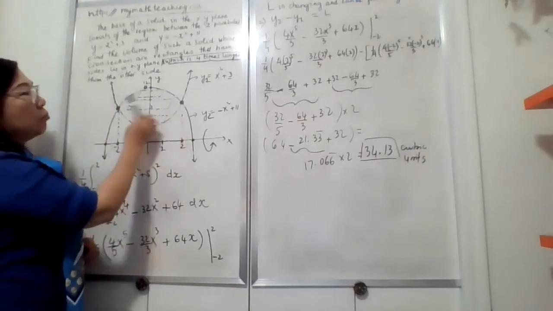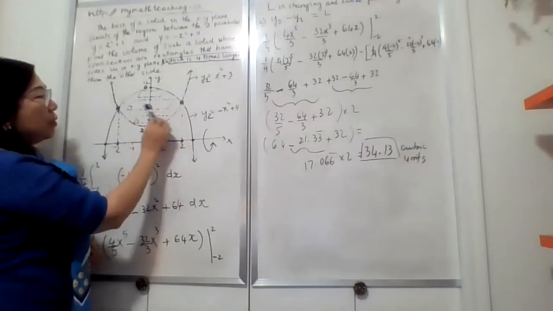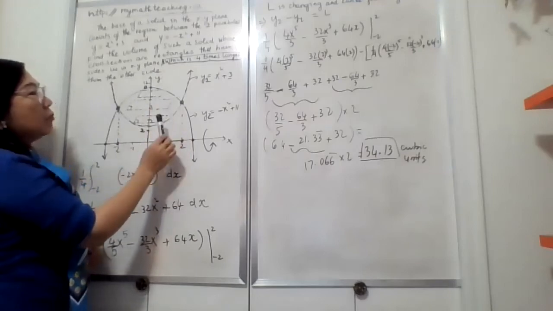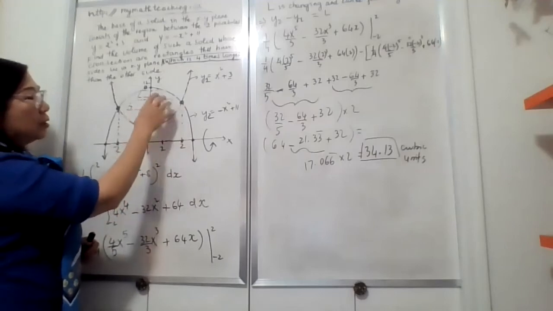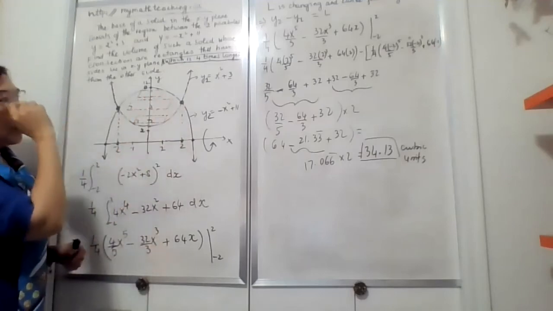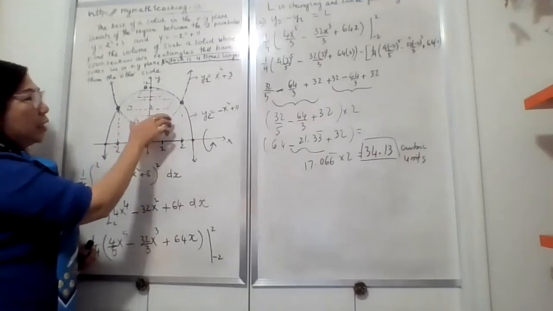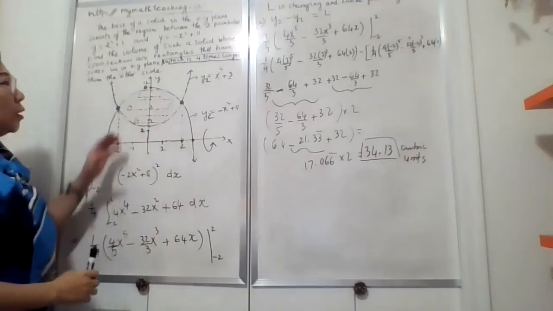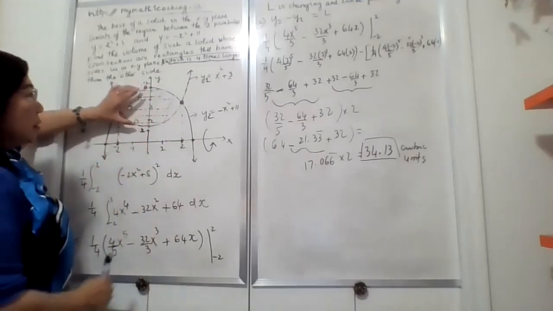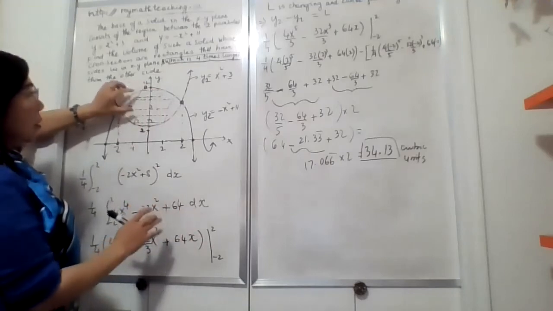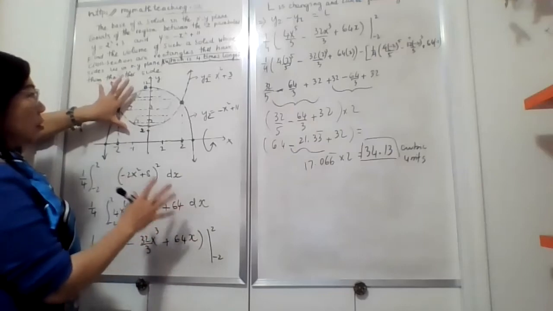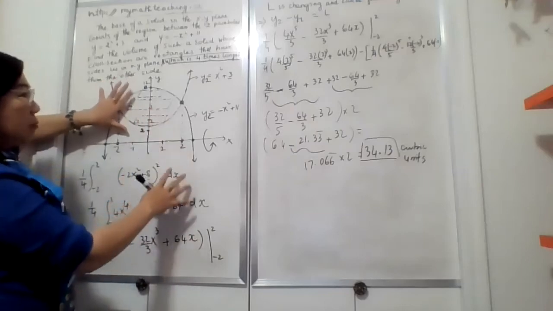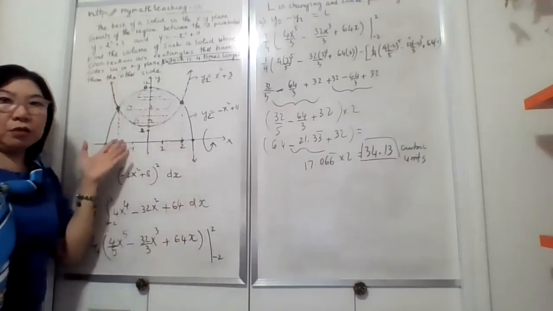So our task is to find the volume. To find the volume, we use the cross-sectional area times delta x, which is the height of the object, right? Keep in mind delta x is the height of the object, and whatever the function is, the rate of change of these two curves is not a fixed number.